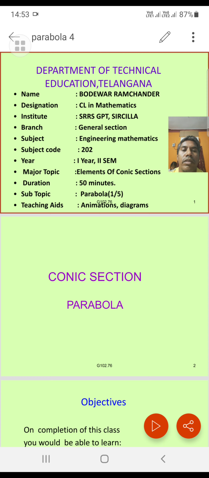So open your textbook and see the diagrams. In the textbook there are so many forms given. Here we discussed today only the first form, that is y square equals to 4ax. And in the next classes we will discuss the remaining forms, different forms and different problems based on different data.